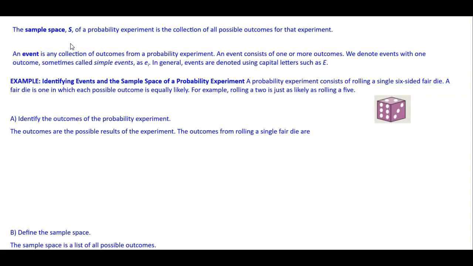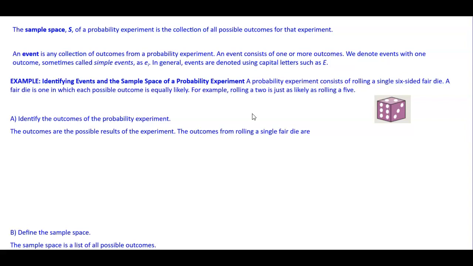In this next example, we're identifying events and the sample space of a probability experiment. A probability experiment consists of rolling a single 6-sided fair die. A fair die is one in which each possible outcome is equally likely.